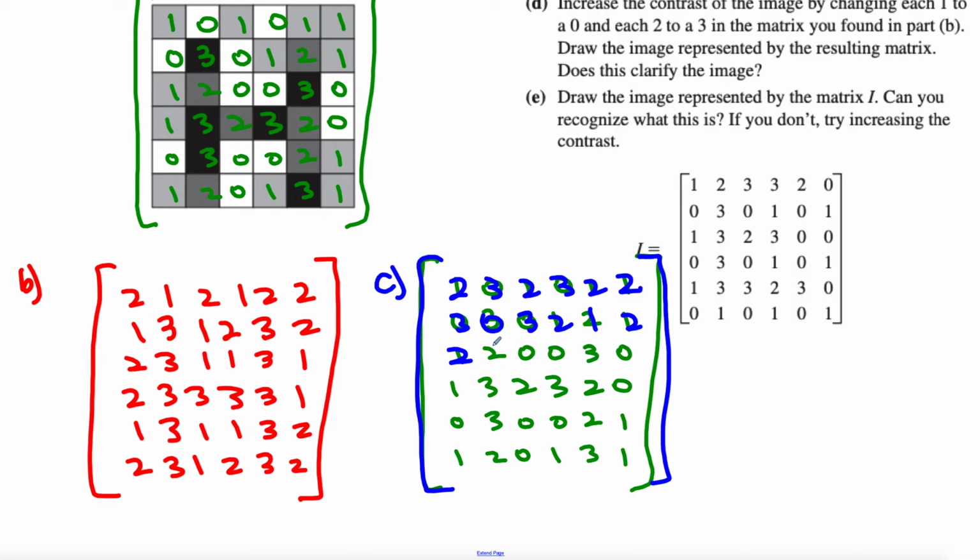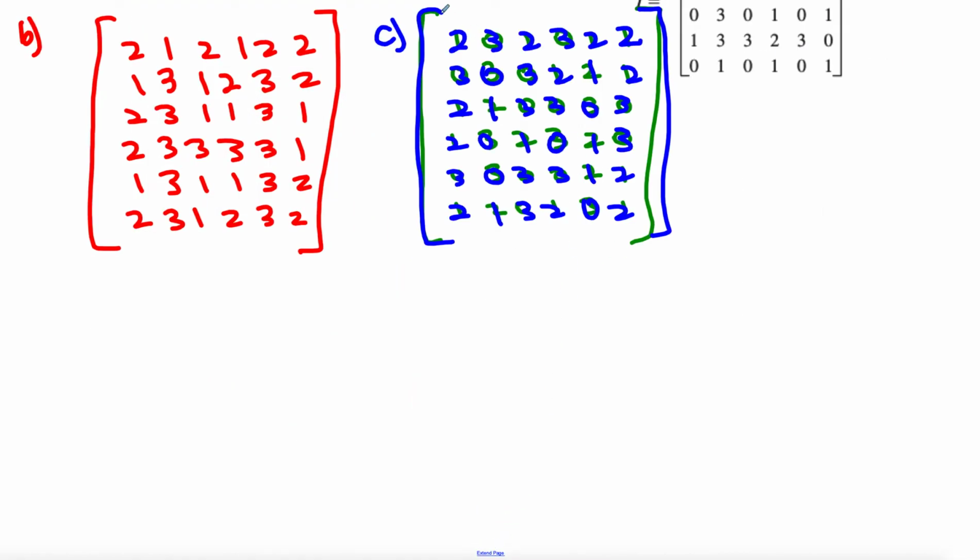One more time. 1, 3, 3, 0, 3. Here, 2, 0, 1, 0, 1, 3. And then 3, 0, 3, 3, 1, 2, 2, 1, 3, 2, 0, 2. So the blue one becomes the matrix that is the negative of the original.